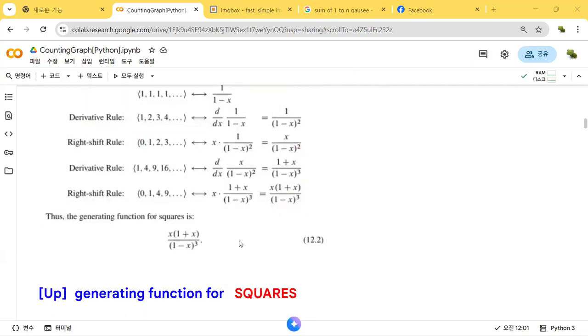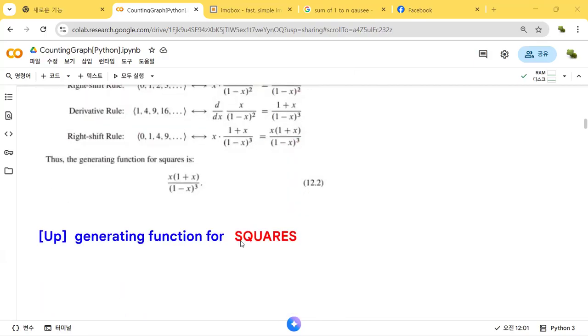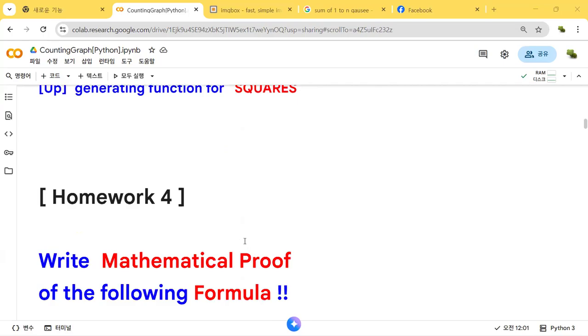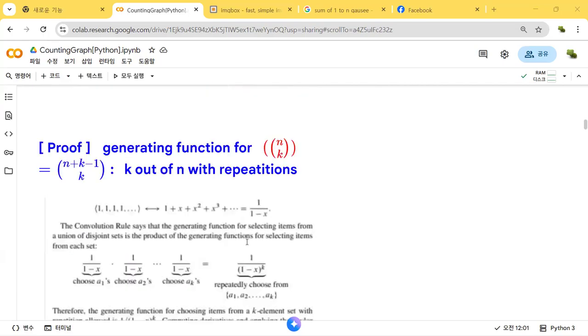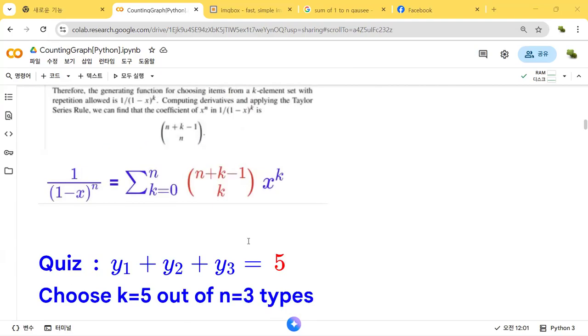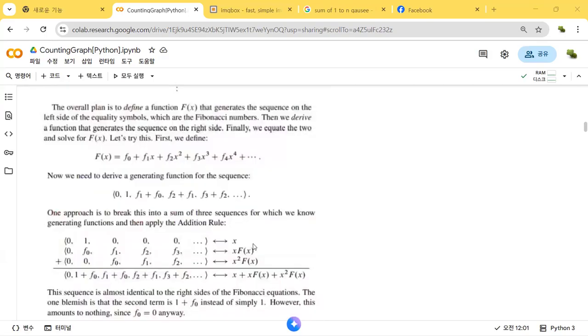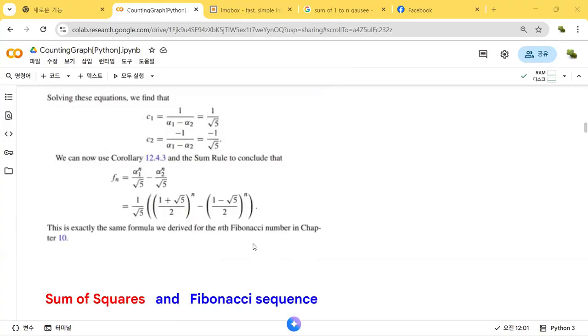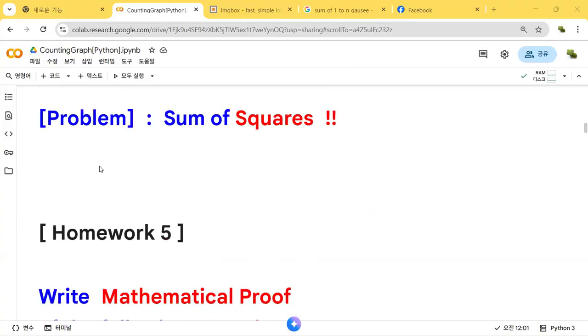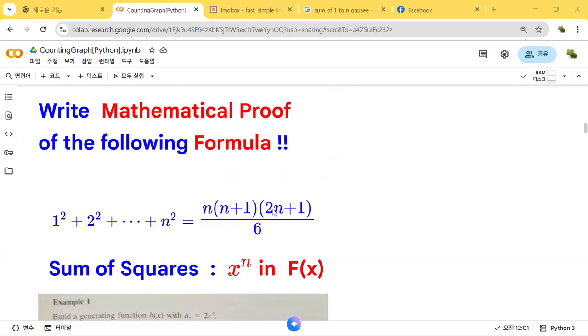So homework 5. Homework 5 is, look at this. Let's prove the sum of integer squares again. Okay, this one.